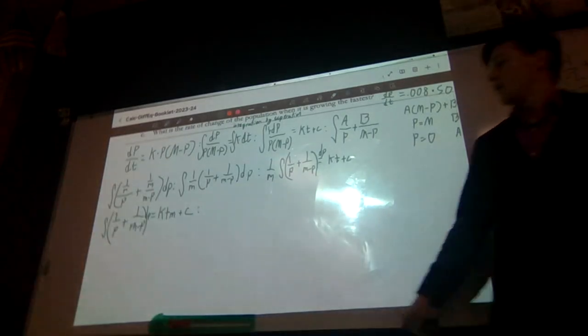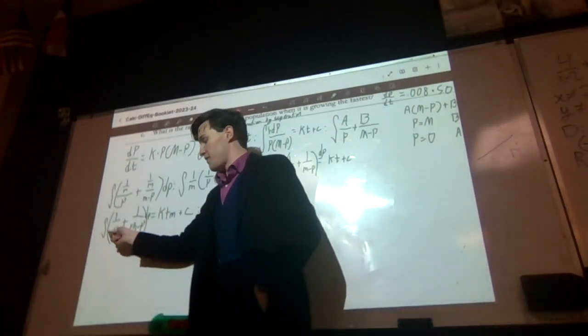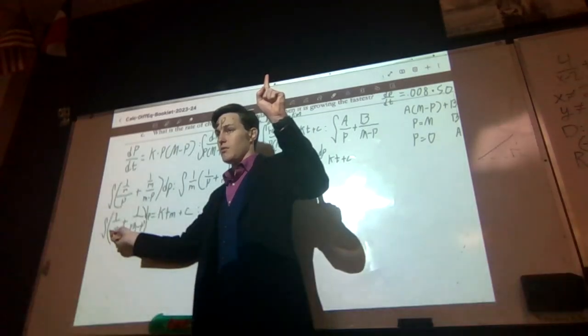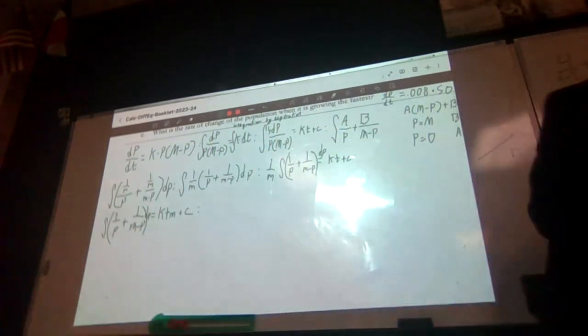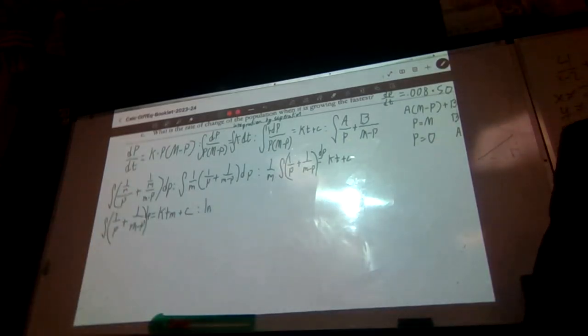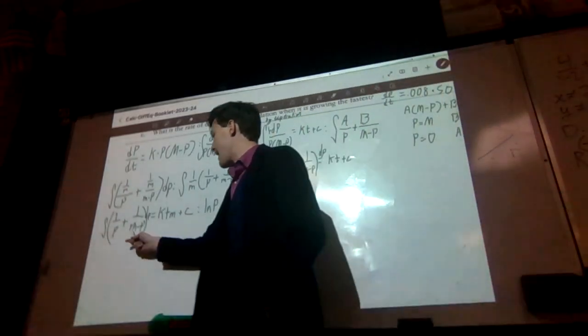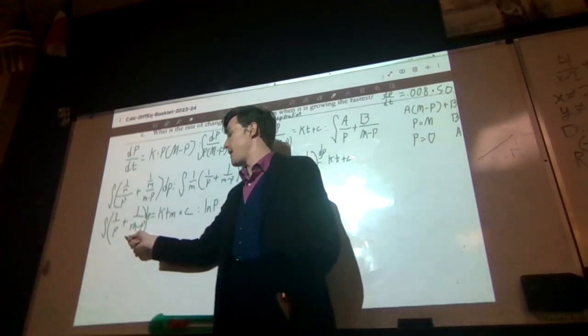So remember, to anti-differentiate, what's the derivative of p? It's 1, which means I multiply the natural log of p by 1. Anti-differentiating 1 over p, we get the natural log of p. And then here, differentiate m minus p.